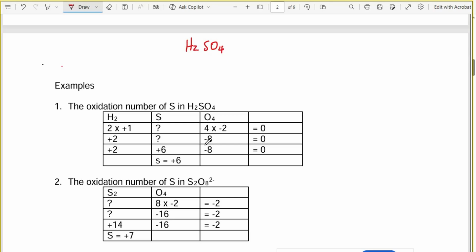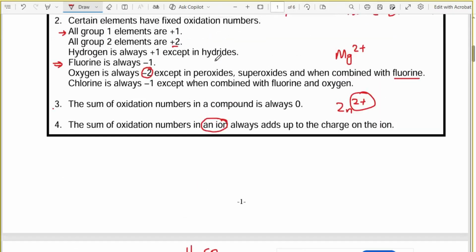When I have something like this, the first thing I'm going to do is write this in this form using law number 3. Law number 3 says that the sum of oxidation numbers in a compound is always 0.